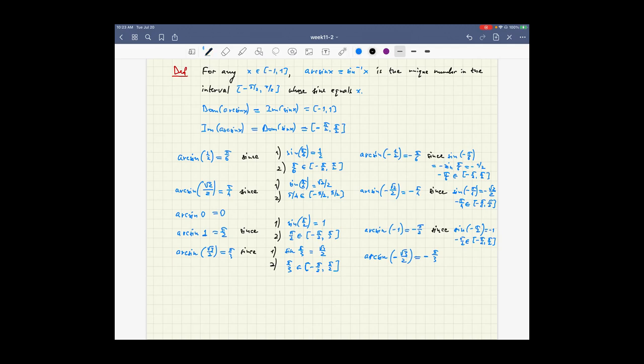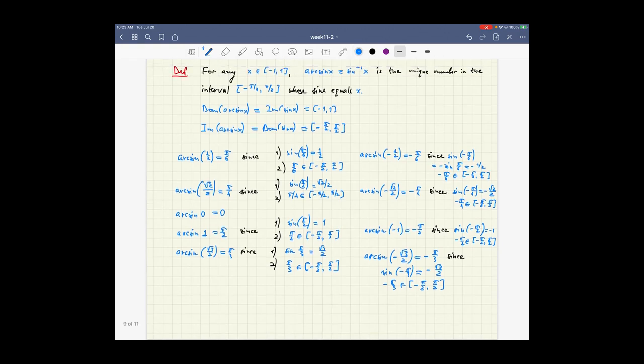That is because sine of negative pi over 3, by the fact that sine is an odd function, is negative root 3 over 2, and of course negative pi over 3 is in the interval negative pi over 2, pi over 2.